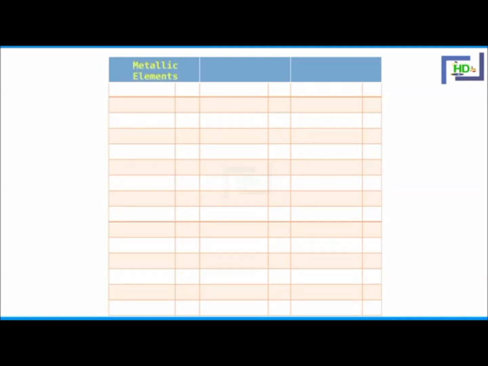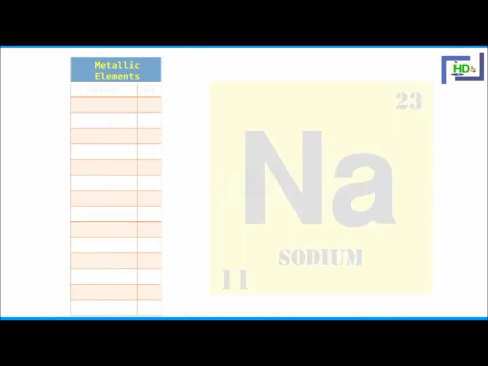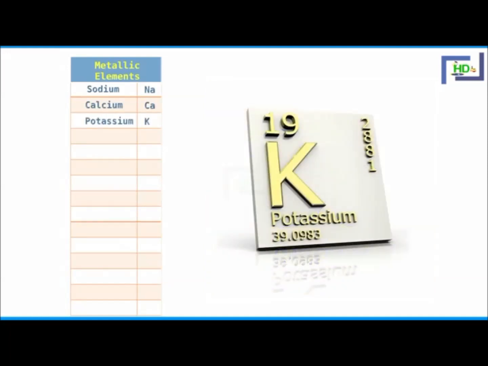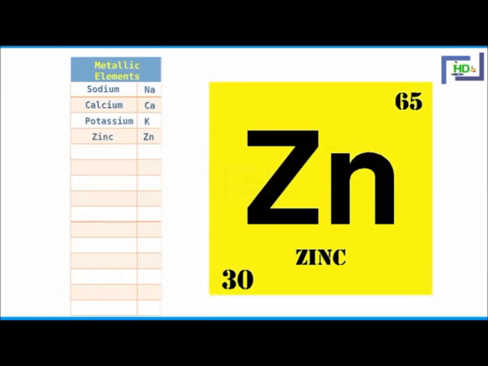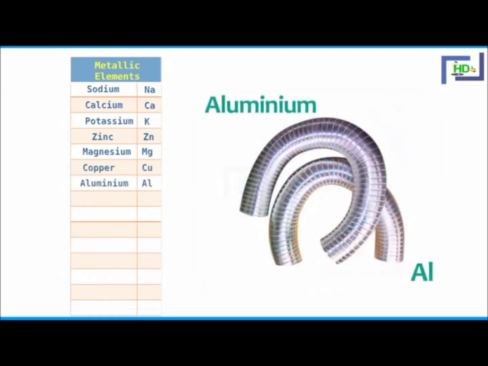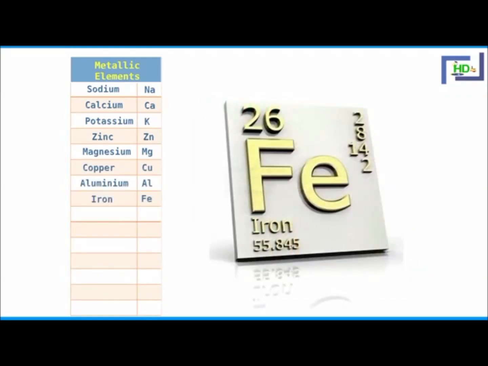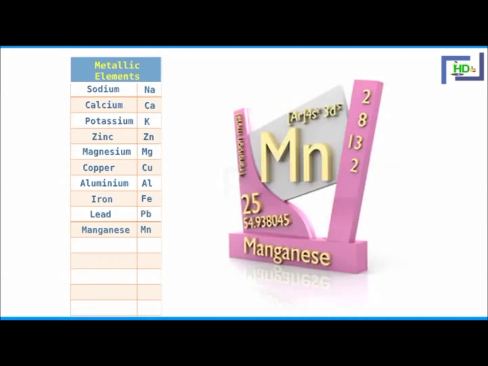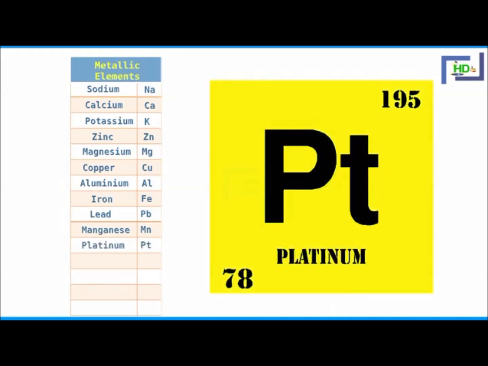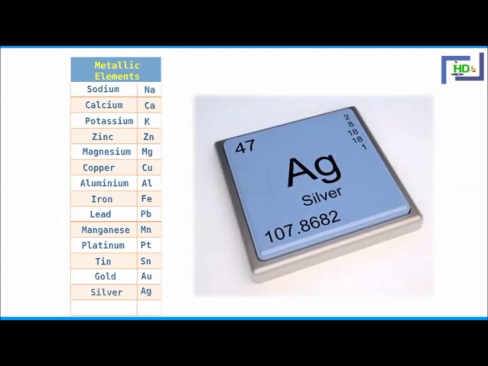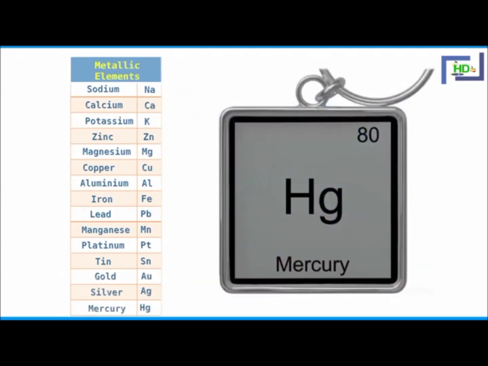These are metallic elements, these are non-metallic elements, these are inert gases. For sodium it is Na, calcium Ca, potassium K, zinc Zn, magnesium Mg, copper Cu, aluminium Al, iron Fe, lead Pb, manganese Mn, platinum Pt, tin Sn, gold Au, silver Ag, mercury Hg.